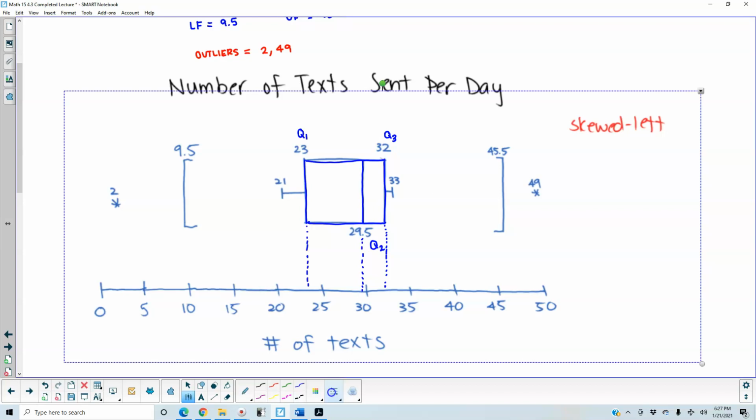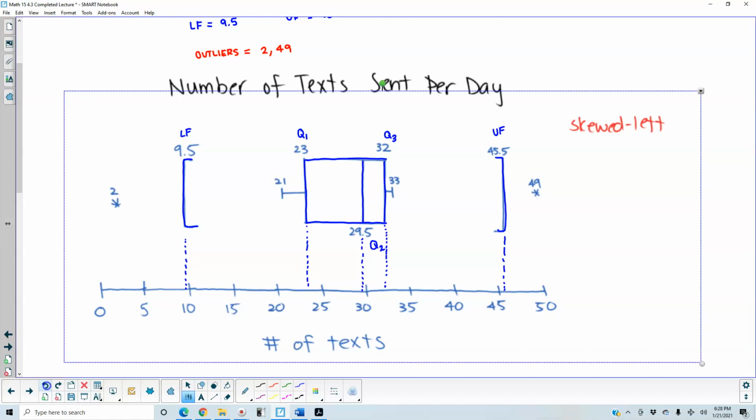Next, what do we know? Well, we know our upper and lower fence. So our upper fence is at 45.5. And we know that our lower fence is at 9.5.